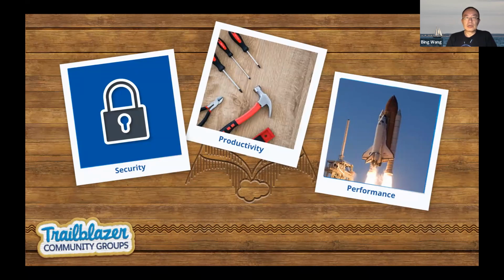Nothing too groundbreaking, a lot of incremental changes. I view them as falling into three categories: some security improvements, some goodies for developer productivity, and then some tweaks in terms of overall system performance. So let's get into those.